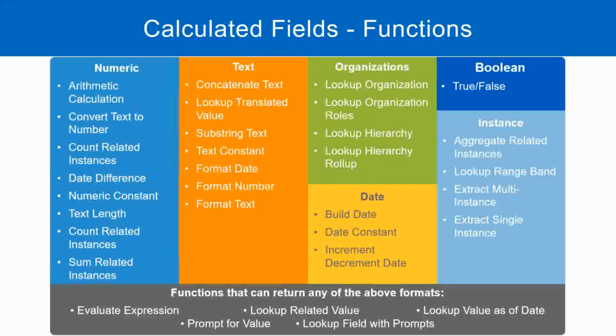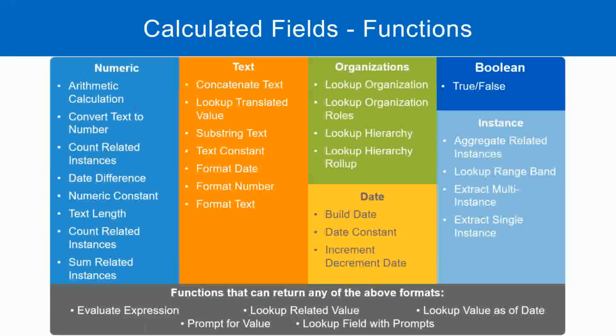If I put two strings together, I combine the first name and last name, concatenate text, what kind of field will it be? What kind of data will it return? Will it be a number? It will be a text kind of field, right?